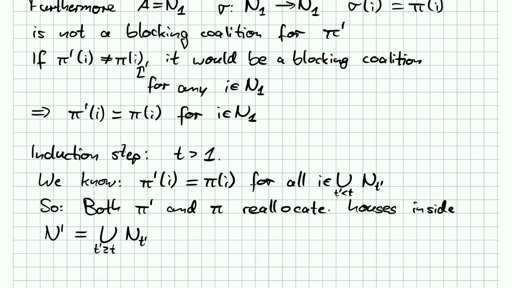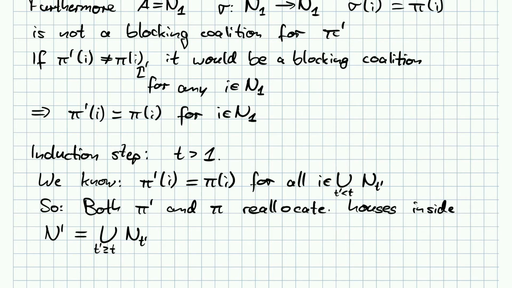But this looks exactly like the case when we started the algorithm with just the set n prime of agents existing and no other agents existing at all.